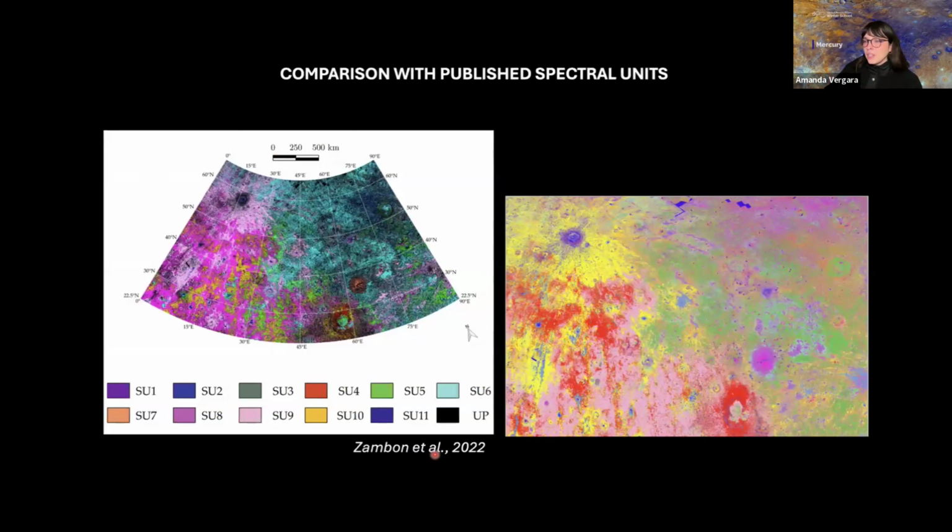This is a map done by Francesca Zambon in 2022. And this contains an analysis of all of the different spectral information on this quadrangle. This is the Hokusai quadrangle. And so I can compare spectral with other spectral information to evaluate the model.